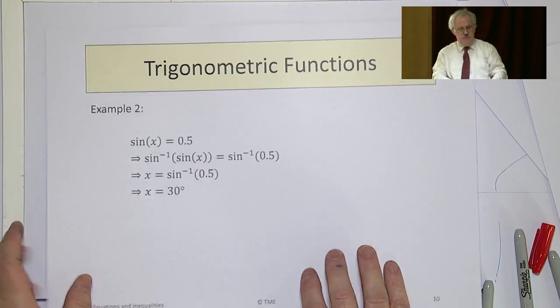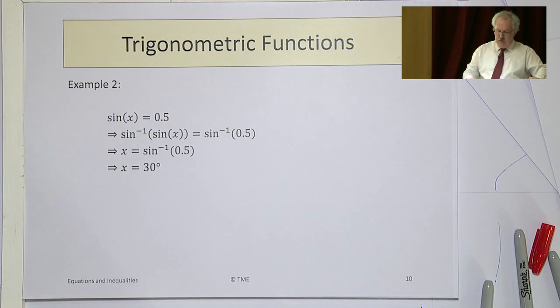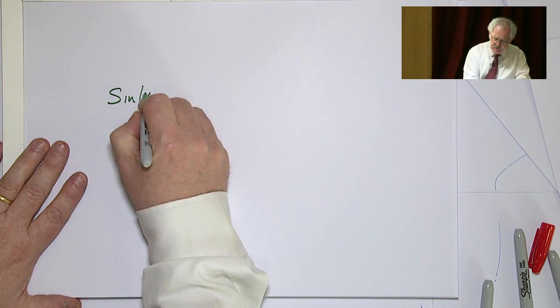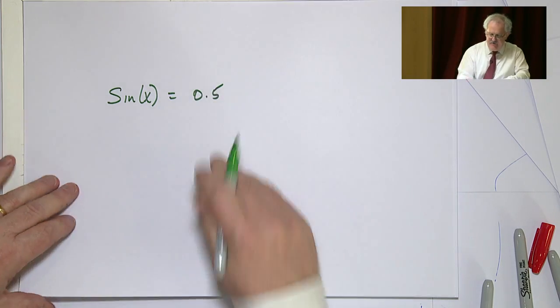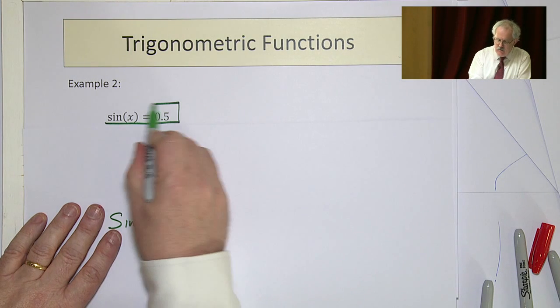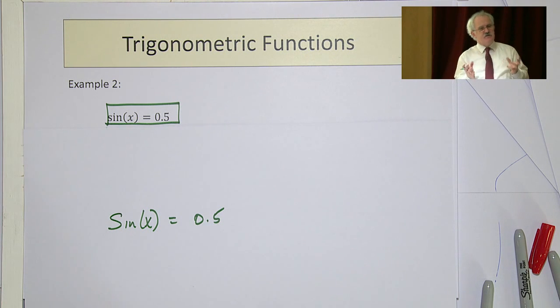Let's look at this one. Sine x is 0.5. What's x? What do I want on the left-hand side? x. What's the twin of sine? What's the sledgehammer that will get rid of the sine for me? Inverse sine. Is that okay?